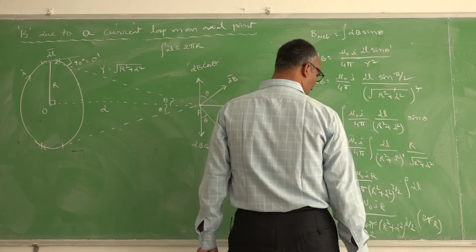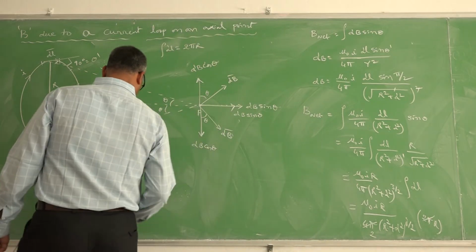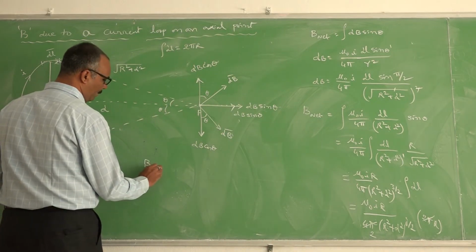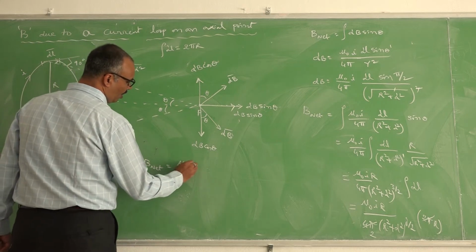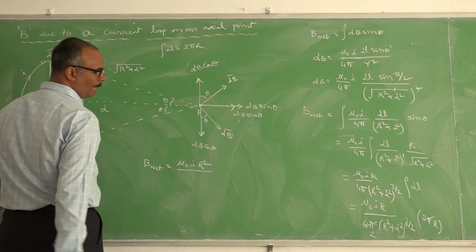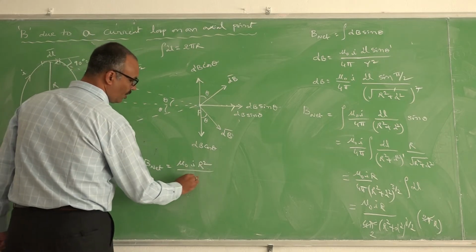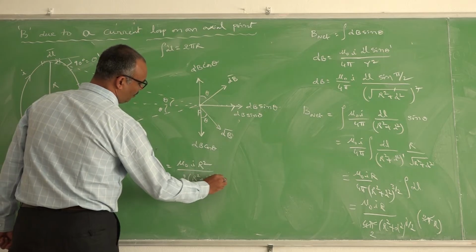You are left with the net magnetic field because of the single current carrying loop, given by mu naught I r square by 2 into r square plus d square whole power 3 by 2.